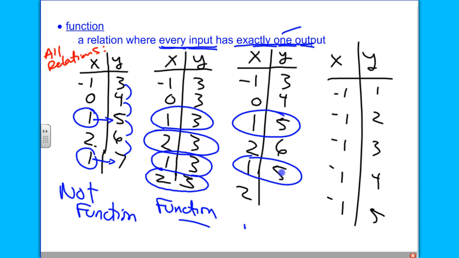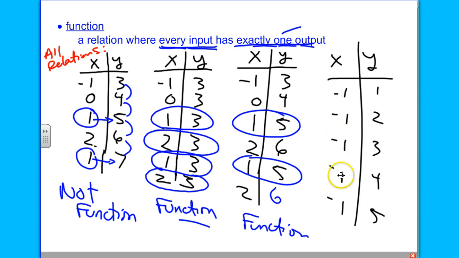So we say this is a function. And if this is a function, what do you predict the output is for this too? 6. Good. We can predict that because there's nothing to prove it's not a function. Okay? Interesting, huh?